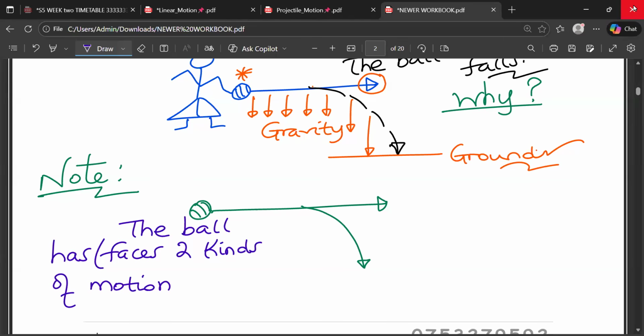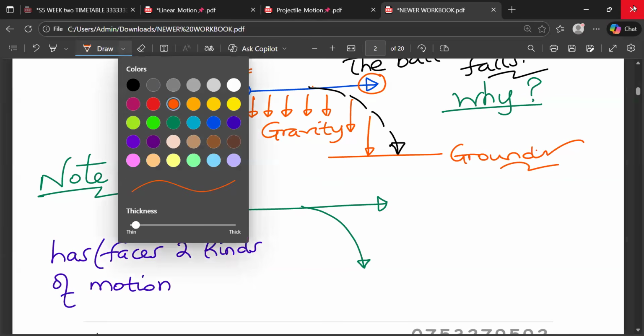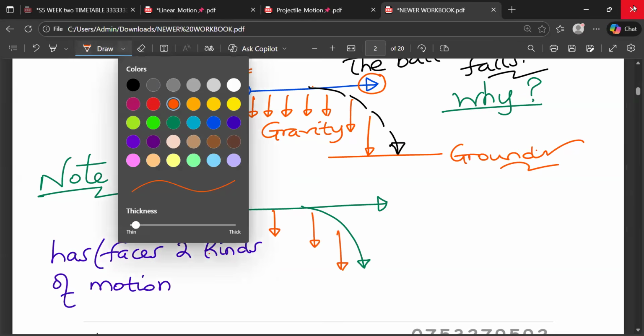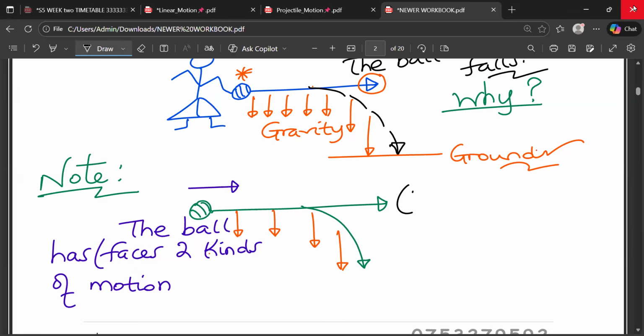You need to know that it is pushed. But immediately after it's pushed, gravity starts straight away trying to pull it down, pulling it down, until it's successful. You get the point? So that ball has what we call horizontal motion. And what causes that horizontal motion? It's the push it was given.